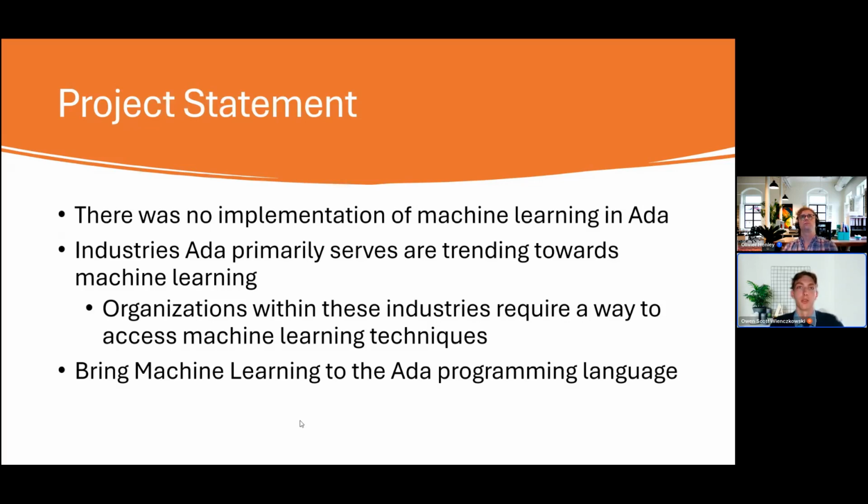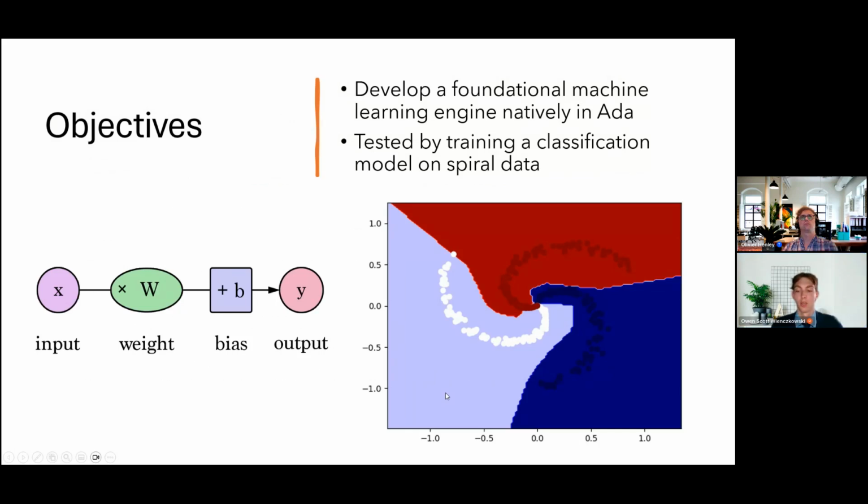So the task of this project was to bring machine learning implementations into Ada and be able to make a neural network natively. This project has one key objective: to develop the foundations of machine learning within Ada.